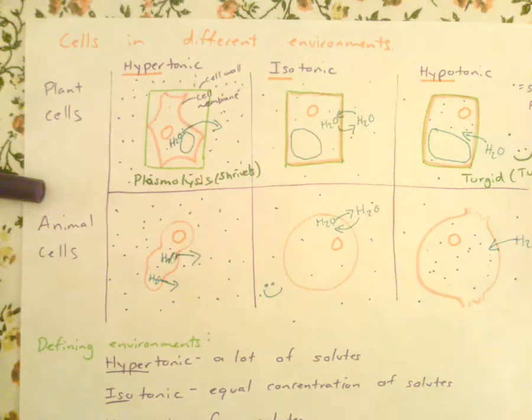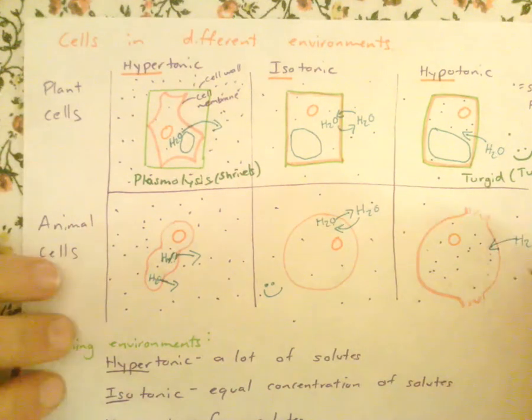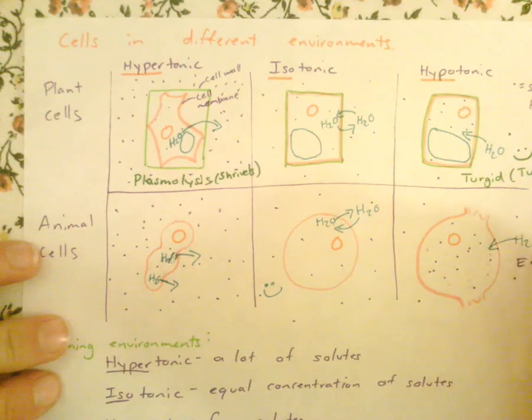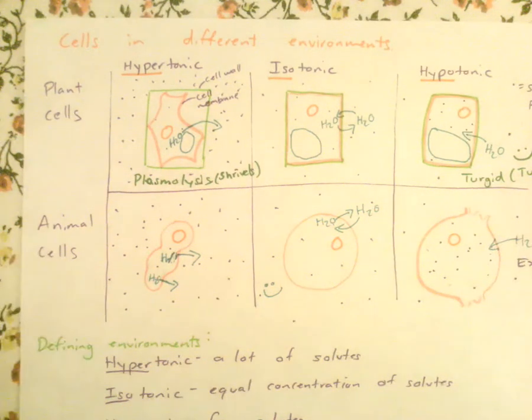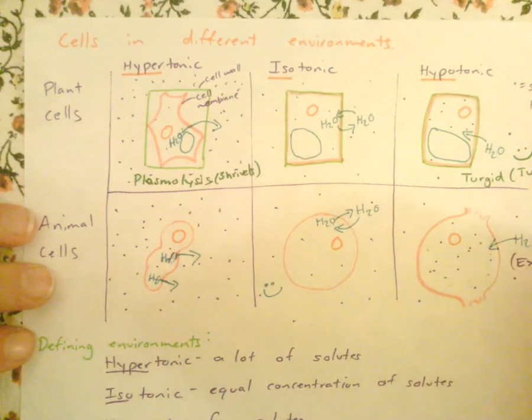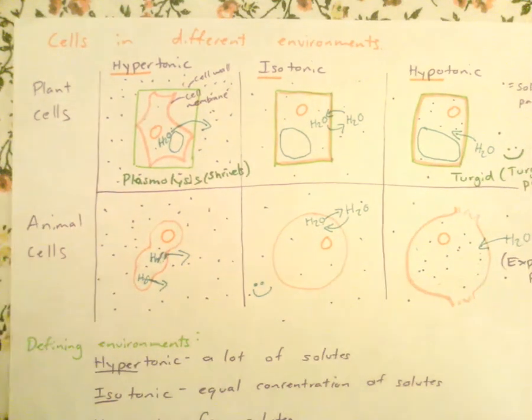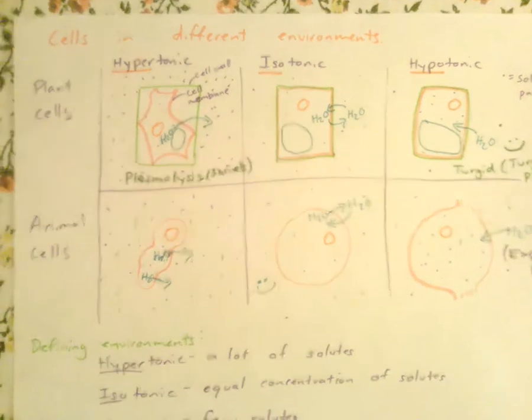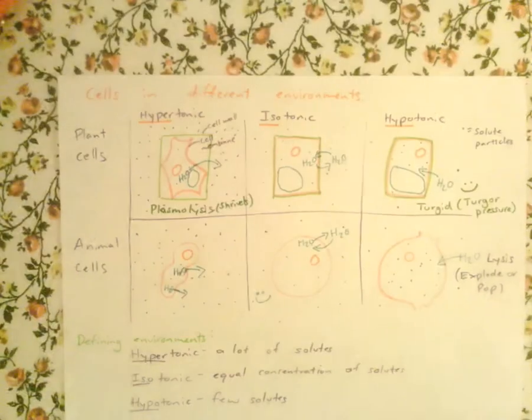And as you know, the animal cells don't have a cell wall, so do not have added protection. So this means that our cell is essentially going to explode or pop. Okay, so the cell membrane under a lot of pressure can explode or pop. And this is called lysis. Okay, so cell lysis is when the whole cell explodes. Okay, it pops.